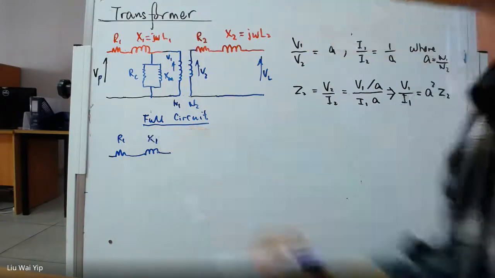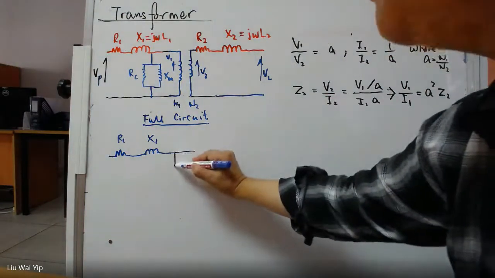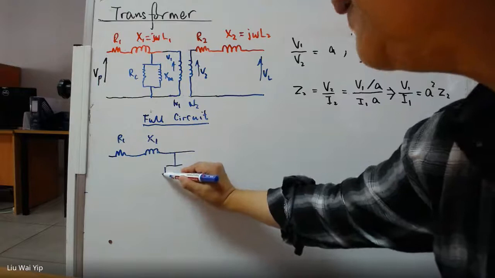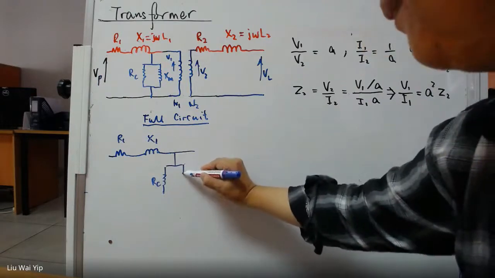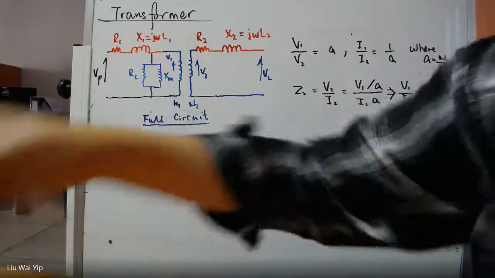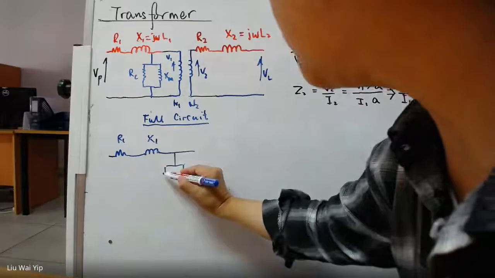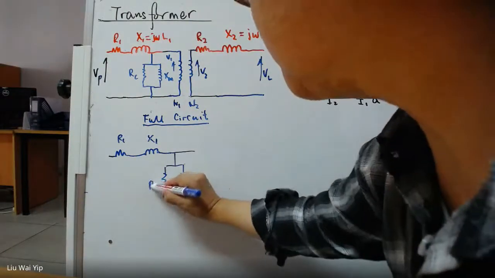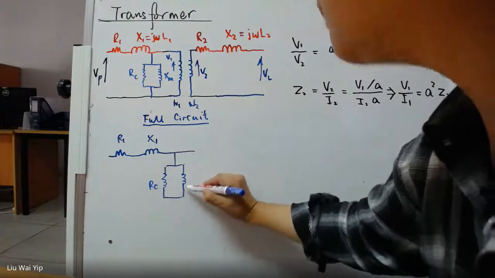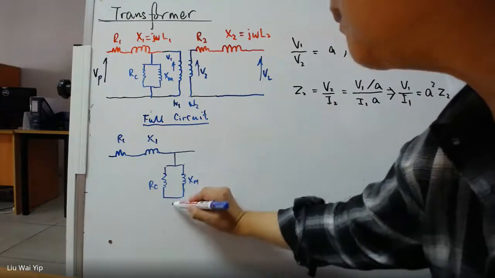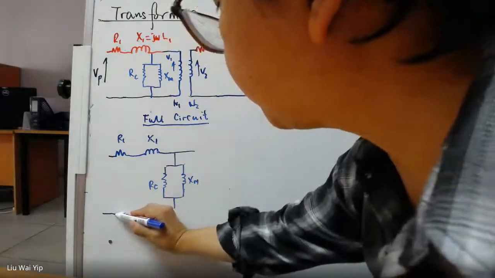And X1. And now you also have a core. The core is like this. So this is the primary circuitry.